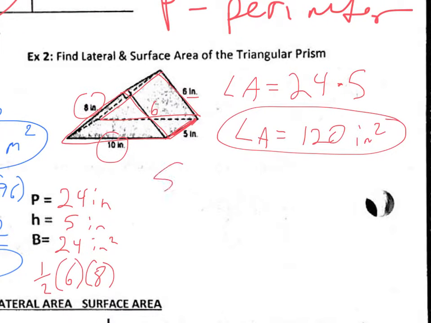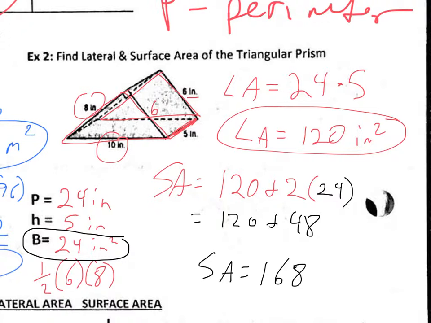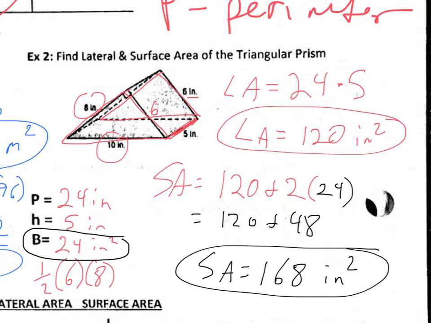Now, surface area is lateral area, so 120, plus 2 times the area of the base. We found the area of the base to be 24, so that's 120 plus 2 times 24, which is 48, and we end up with the surface area of 168 square inches. That's how we calculate the surface area.